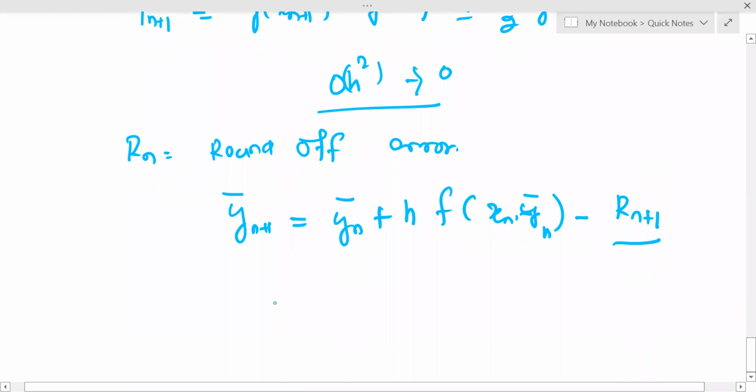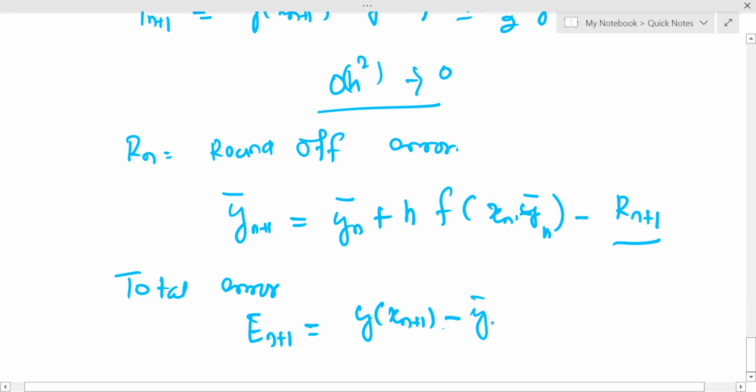So the total error can be defined here. Just define E, the total error En plus 1, as y of xn plus 1 minus y bar of n plus 1.